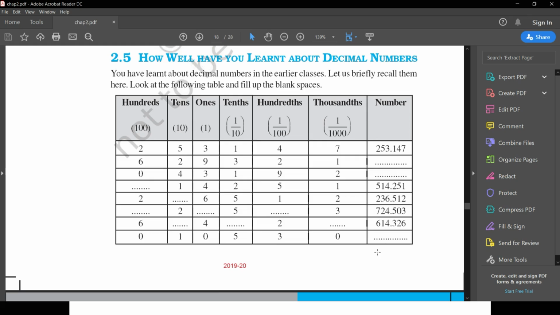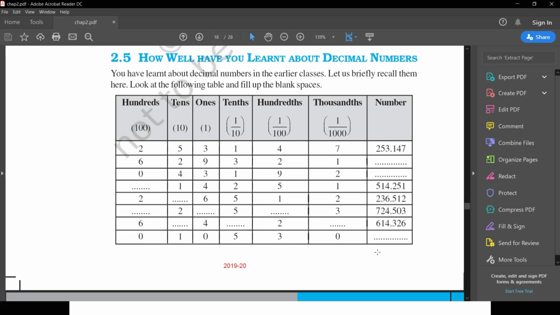You arrange another number, 236.512. So in the thousandths place it will be 2, hundredths place it will be 1, tenths place it will be 5, and ones place 6, tens place will be 3, and what will be the hundreds place?